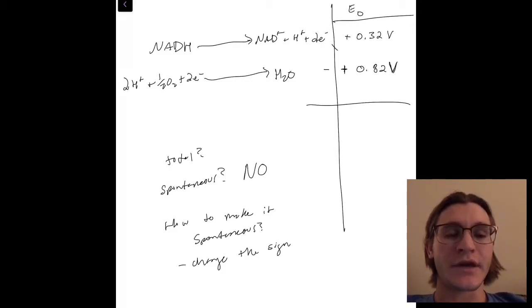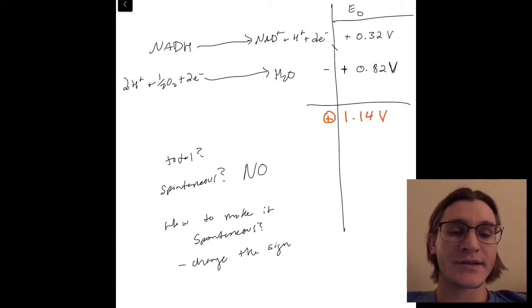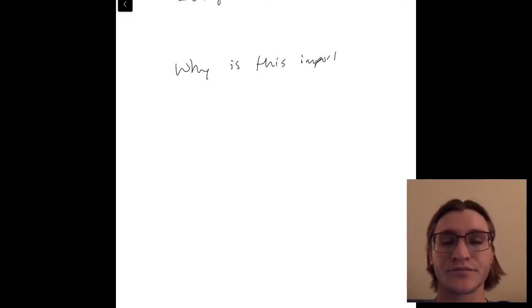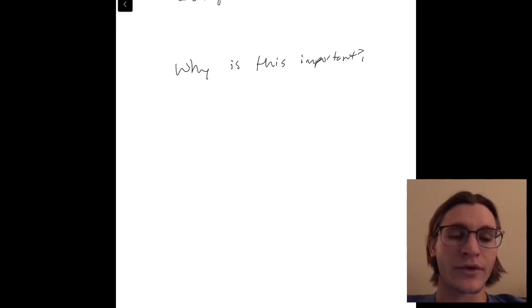Add these two up together to get our total, which would be positive 1.14 volts, which makes it a great oxidizing agent and it's very spontaneous. And this is what your body's going to do in the electron transport chain to get good oxidizing agents and get the most amount of electrons that we can in complex 4, where we have NADH and our water molecule.